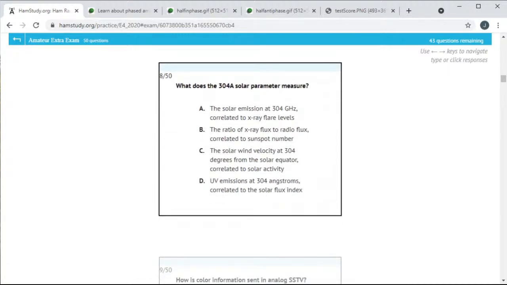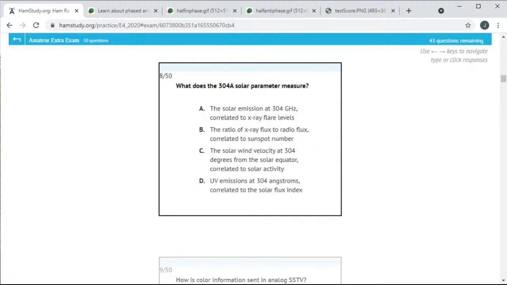What does a 304A solar parameter measure? A, the solar emissions at 304 gigahertz correlated to X-ray flare levels. B, the ratio of X-ray flux to radio flux correlated to sunspot number.